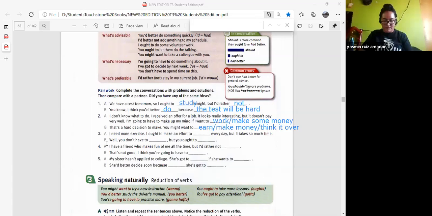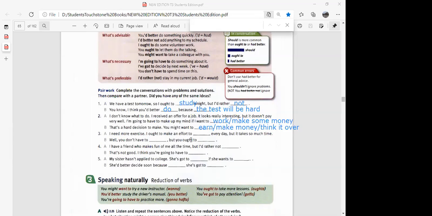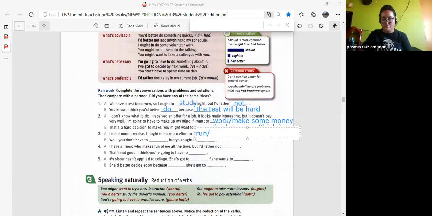Number three, I need more exercise. I ought to make an effort to practice every day, to run every day. Maybe run. What else?